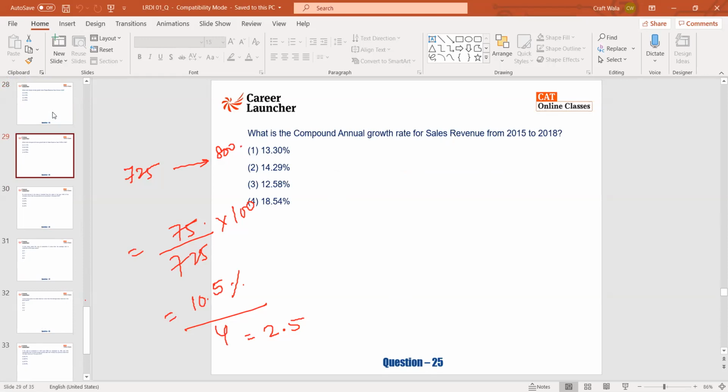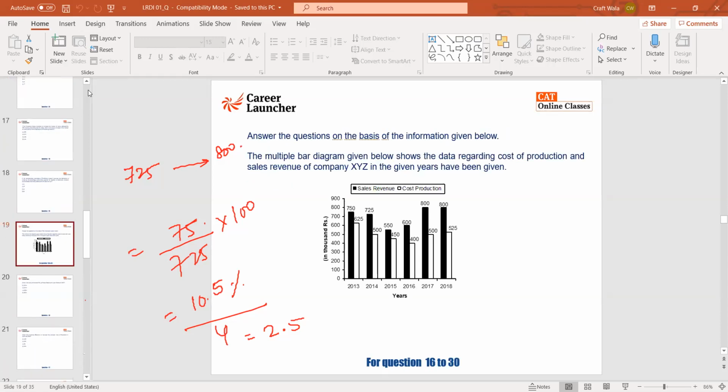Next one, 24th one. Okay, 24th we did. 25th, compounded annual growth rate 15 to 18 for sales. 45, no. 15 to 18, what is the growth? 550 becomes 800.